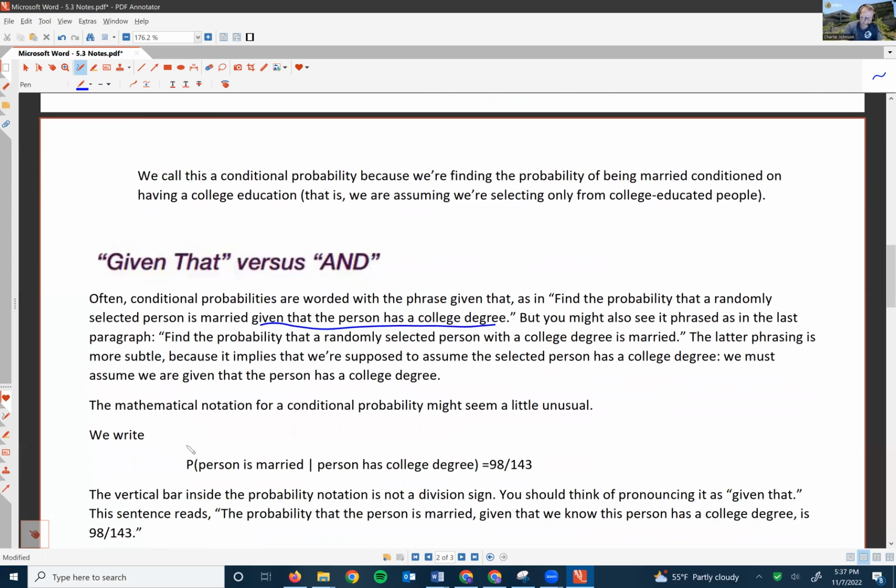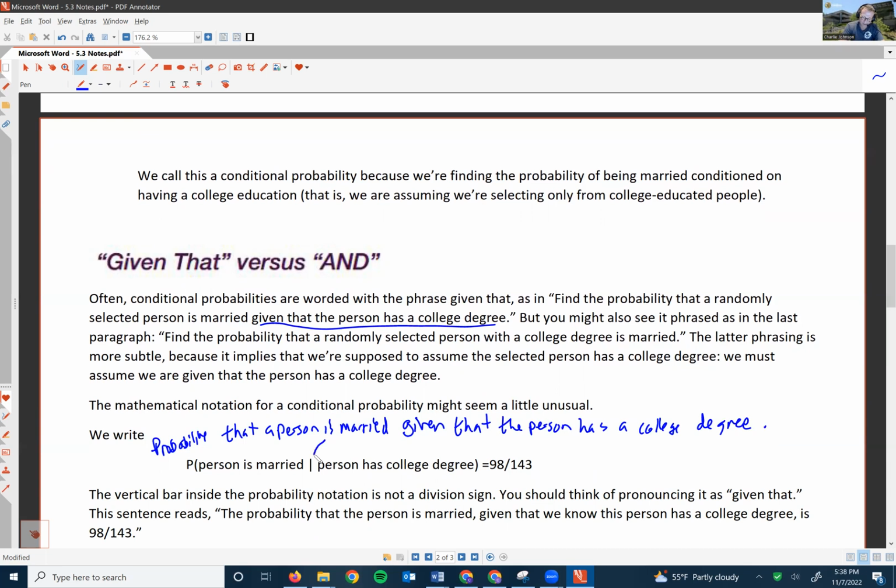So we write P for probability, the probability that a person is married, given that the person has a college degree.